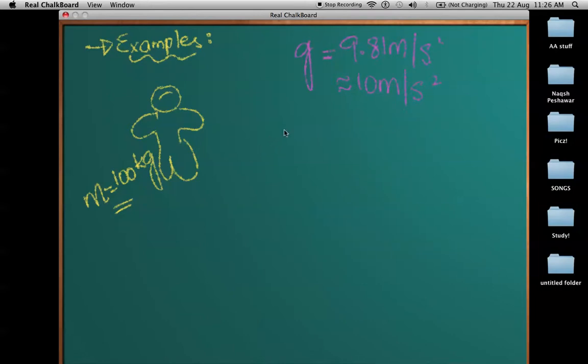So how much does he weigh? For gravity, we know a simple formula for gravitational force, which is W equals M times G. Weight is equal to mass times gravitational acceleration.